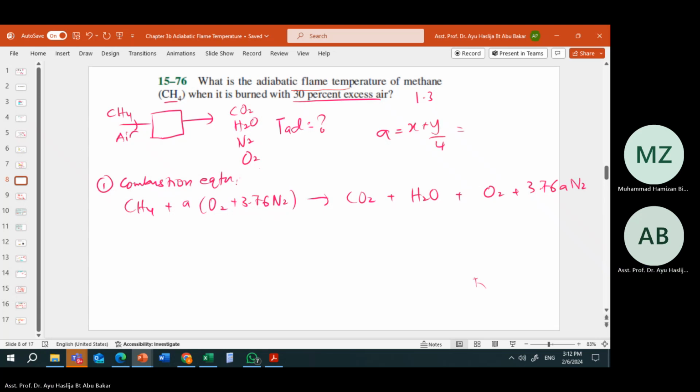This is A start. This is A actual. So 2 times 1.3, correct, 2.6.